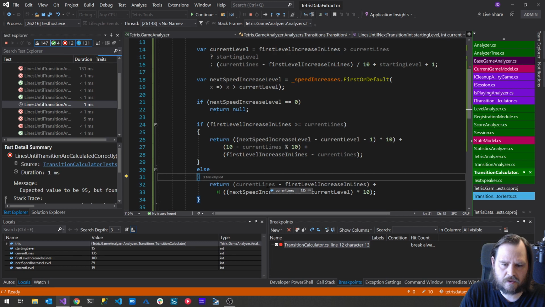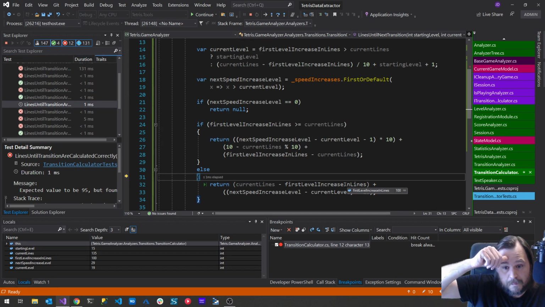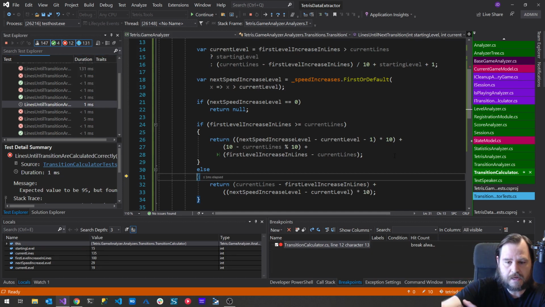So now I'm going to take current lines. I'm 35 lines above my first level increase. Why do I care about that? The next speed increase level is 29 minus the current level, which is 19. That's 10. That's 100.